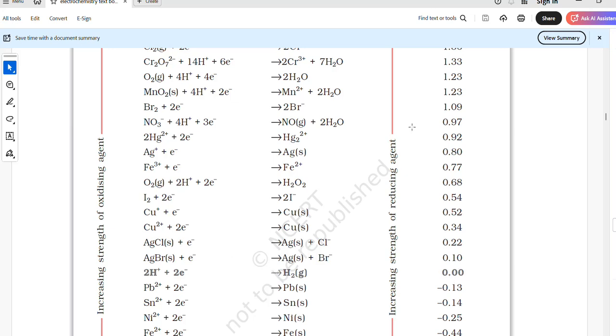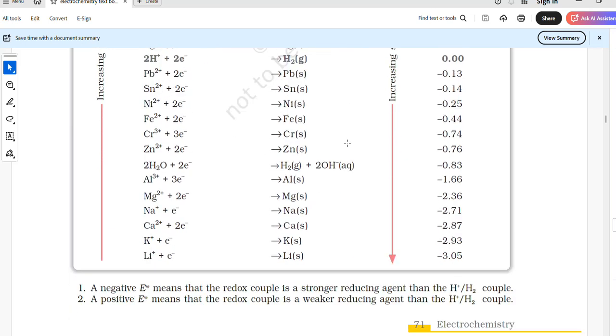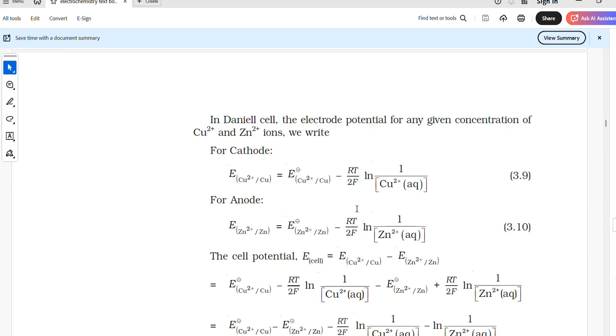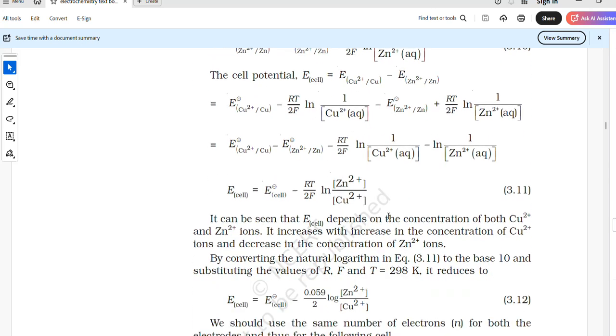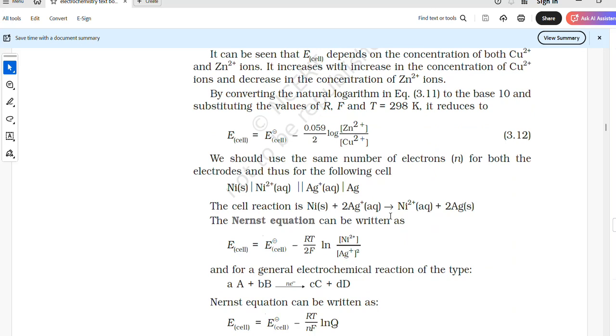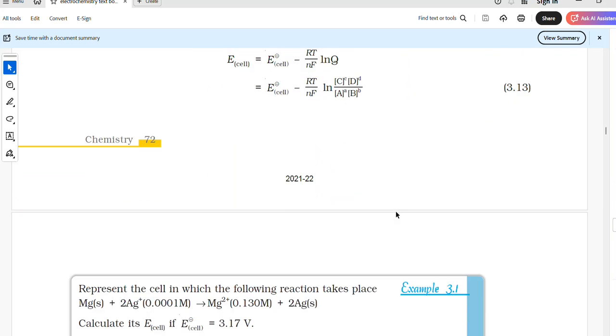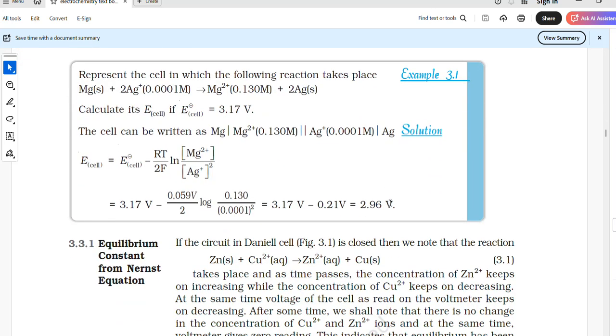So above the SHE value, electrode potential values are positive in the electrochemical series, and below that you have negative potential. Based on that, we are able to establish the Nernst equations for the electrode potential as well as for the electrochemical cell. Okay, right. Now, here is an example.